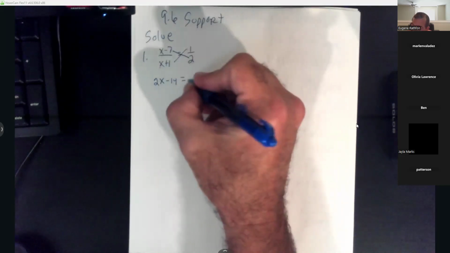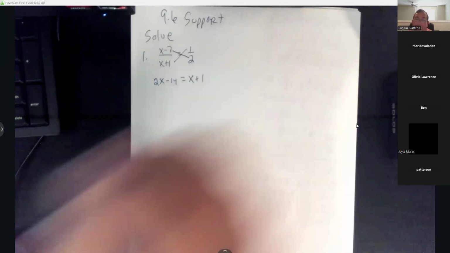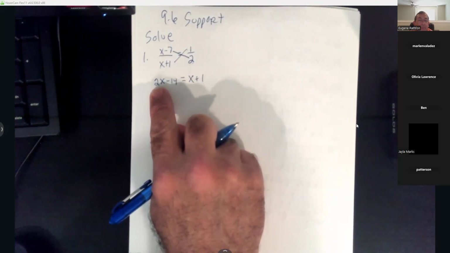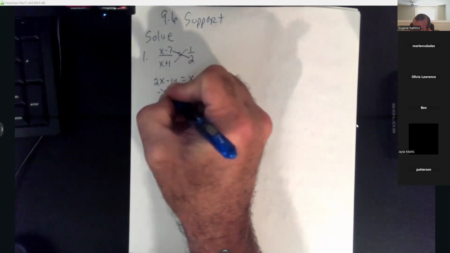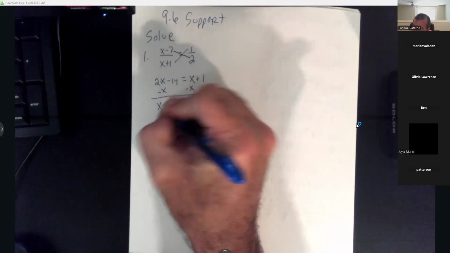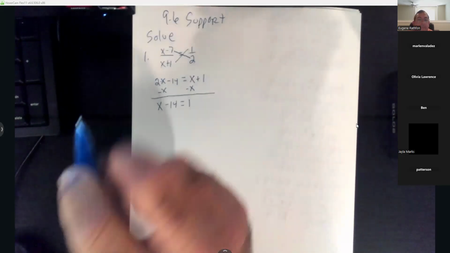1 times x is x. 1 times 1 is 1. Now just solve this. So since my x's are bigger over here, I'm going to subtract the smaller x from both sides. So 2x minus x leaves me an x minus 14 equal to 1.